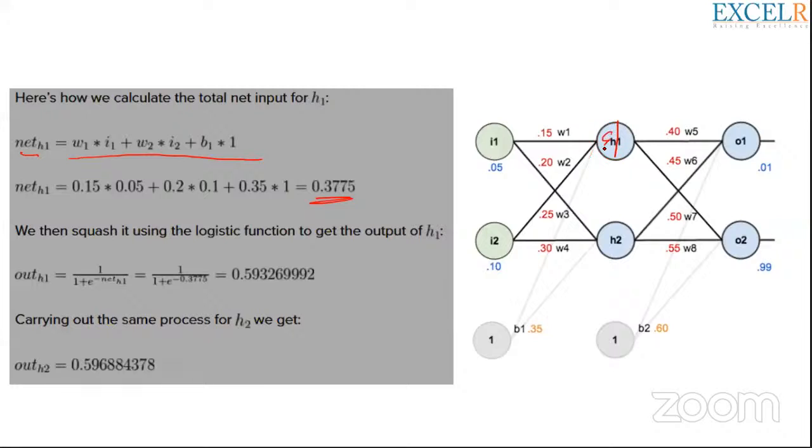That is 0.3775. Now here we have an activation function, and the activation function we are using is the sigmoid. Sigmoid is nothing but 1 by 1 plus e power minus x, which we have seen in logistic regression.